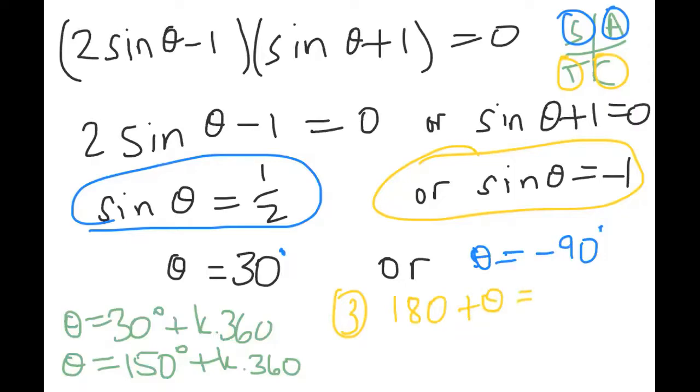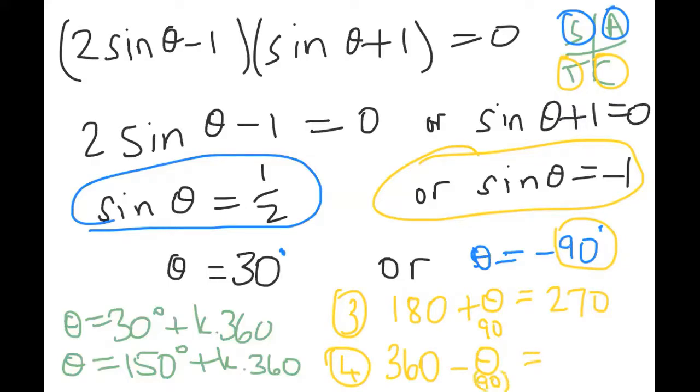And remember, if we do this, we only work with the absolute value, meaning only the positives. So 180 plus theta is 180 plus 90. That is 270. And also in quadrant 4, we have 360 minus theta. But what is theta? Theta is 90. So 360 minus 90 is 270.